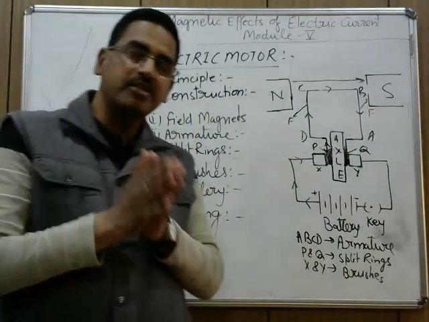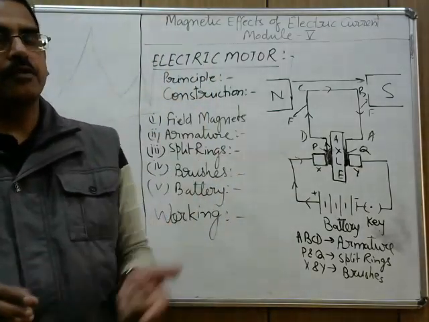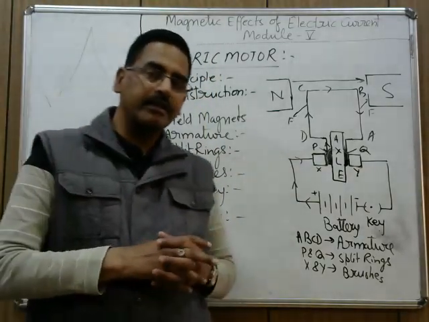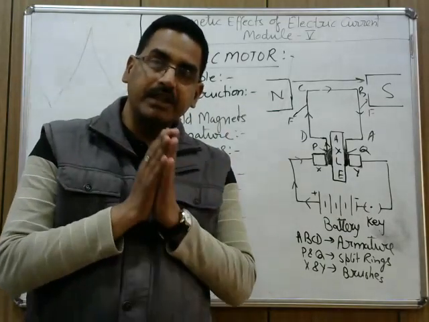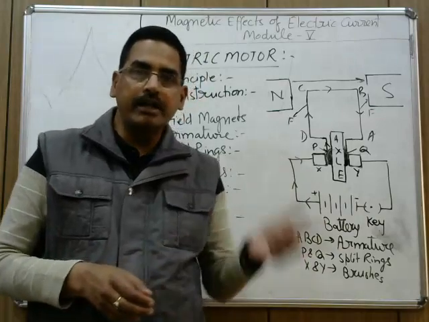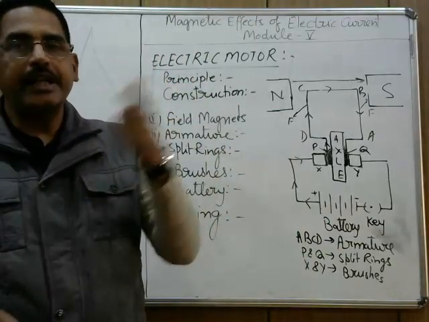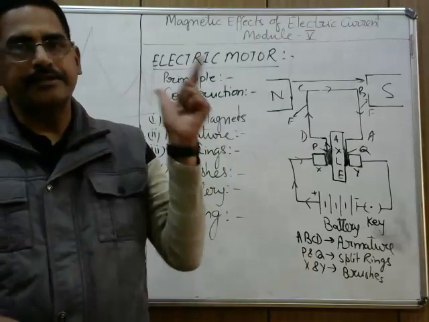So the function of the split ring is to change the direction of current after each half rotation. And since the direction of current is changed in the coil after each half rotation, the coil continues to rotate in the same direction, that is anti-clockwise.